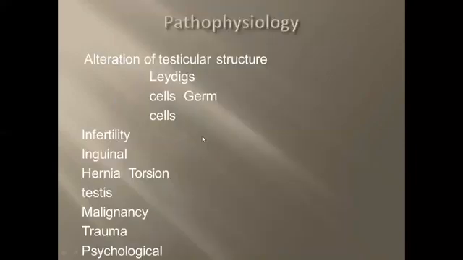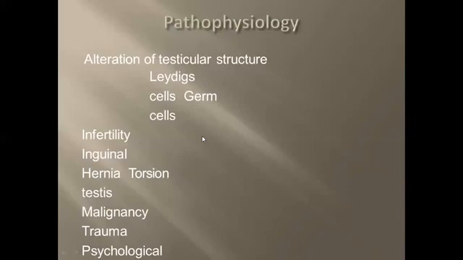So what is the pathophysiology of undescended testis? What happens when the testis is not brought down to its normal location? Structural and functional changes occur. The testis has different cells, producing different hormones and sperms.